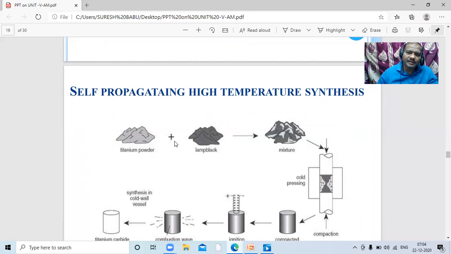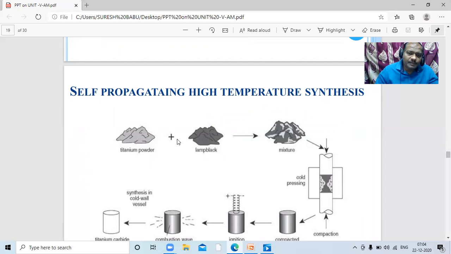Next, another method is self-propagating high temperature synthesis. Here, the aim is to deposit titanium powder on the workpiece. So how is it done?